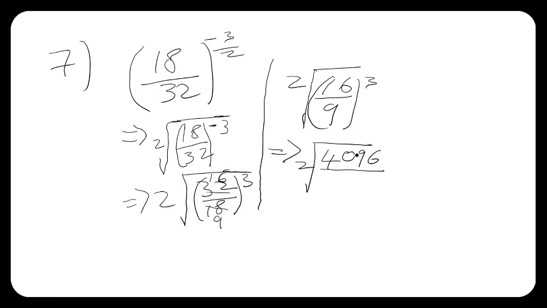That will give us what? 729. So 4096 divided by 729. So the square root of 4096 divided by 729.